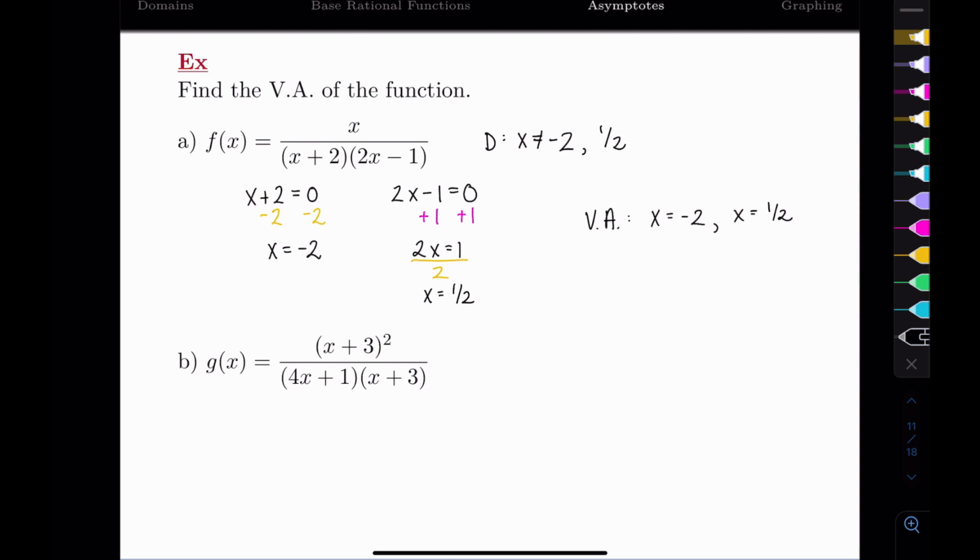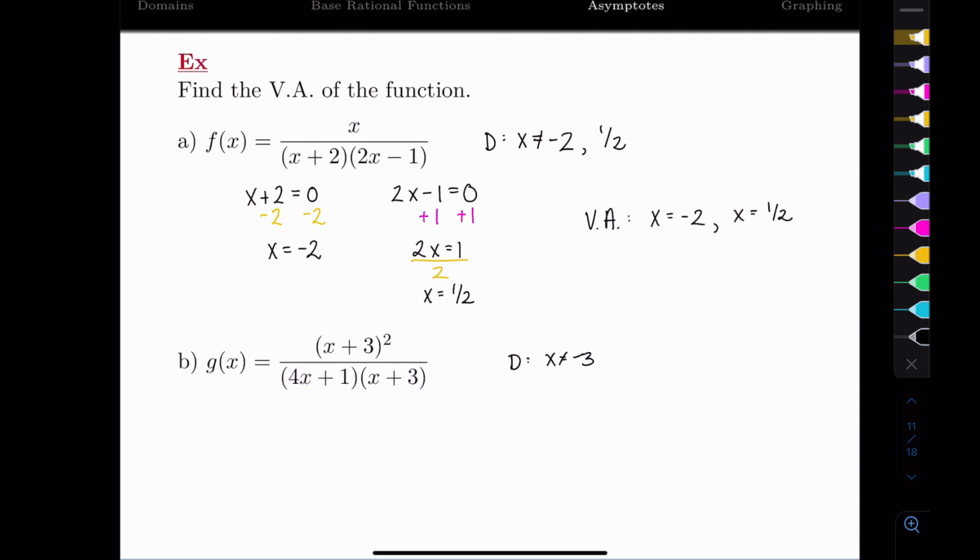Okay. For this next one, if I find the domain first, right off the bat I know there are going to be 2 problematic numbers. One is a little easier to pick out. Negative 3 poses an issue from this factor.